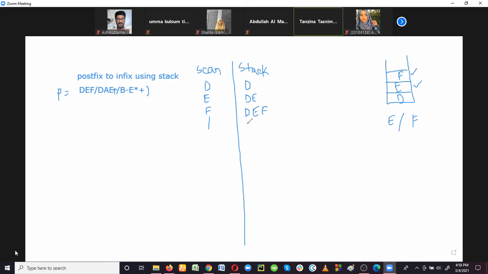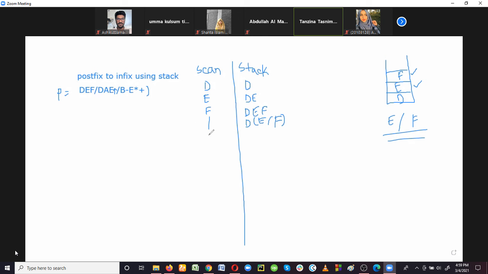Okay, so in the next step we can write D, and after popping these two elements, after executing the operation, we got E division F. This is infix notation, that's why the operator will be placed between the operands. And now we can continue the scanning process.